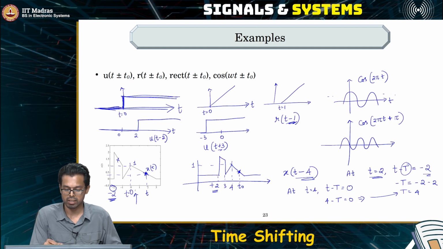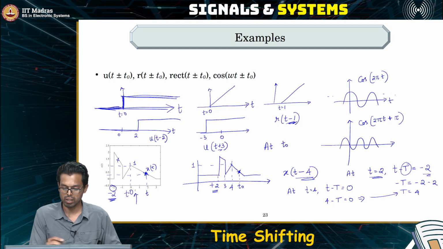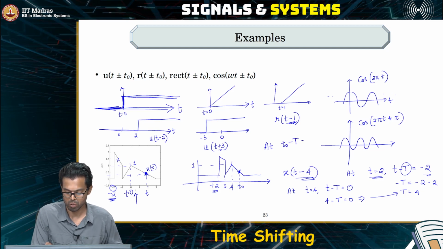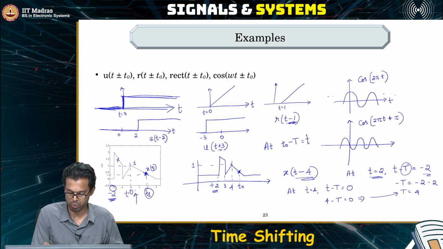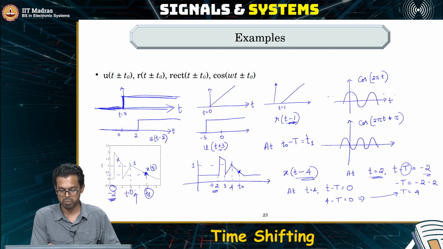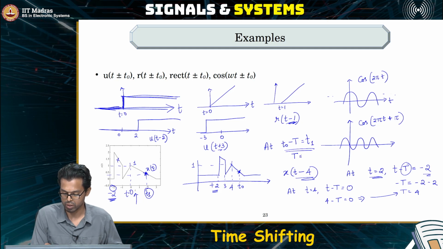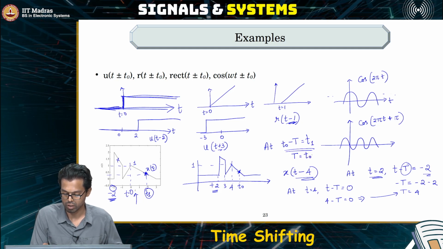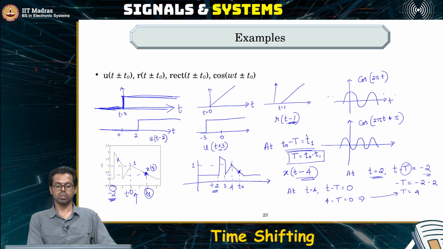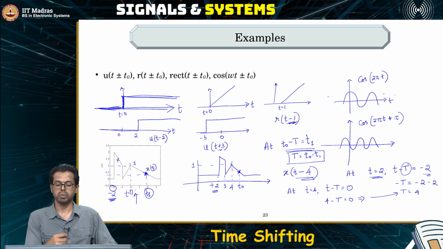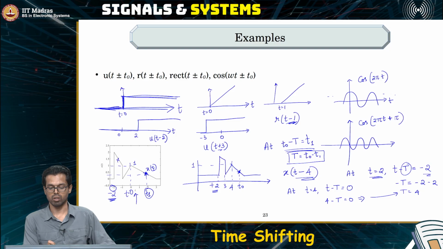Then all we are saying is at t naught, we want t naught minus T to be equal to this corresponding t1. From this equation, the value we are looking for is t naught minus t1. From this, you can compute what should be the delay, or what should be the value of time that you have to subtract or add in order to cause the delay or the advancement.